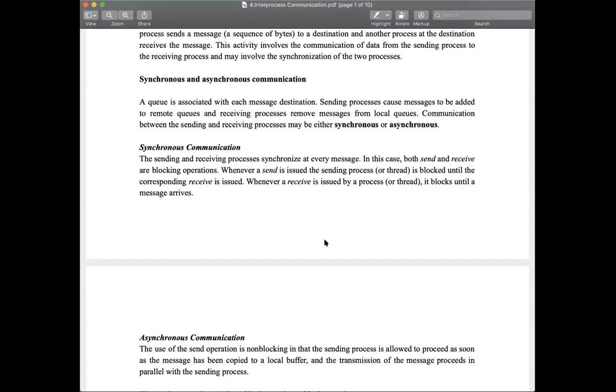Until that acknowledgement is received, the sending process also gets blocked. So that's synchronous. The sending process executes the send task, and that program is blocked at this point until it receives the received message from the receiving node. So that's the idea.